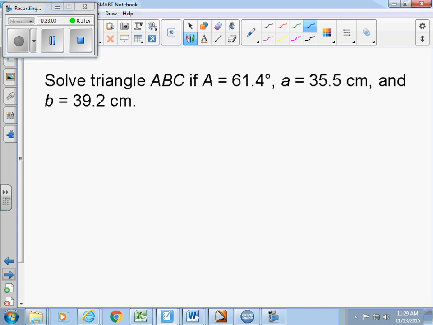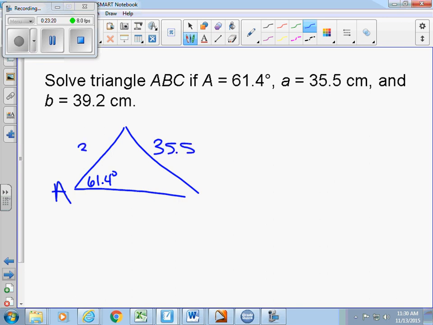So, I'm going to put angle A, bottom left, side A, across from angle A, and the other side that's given.